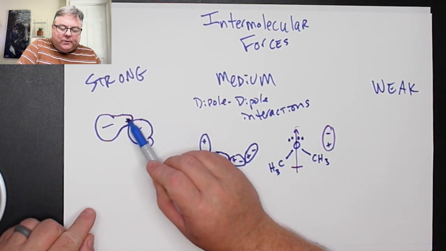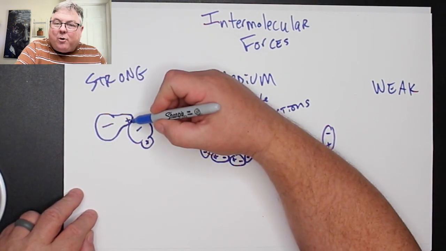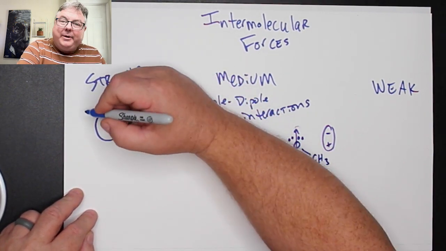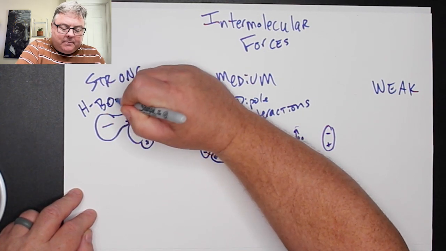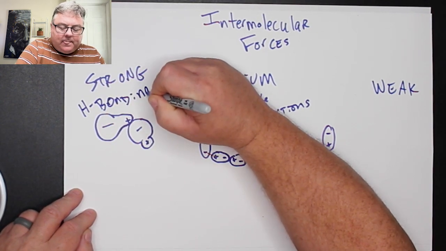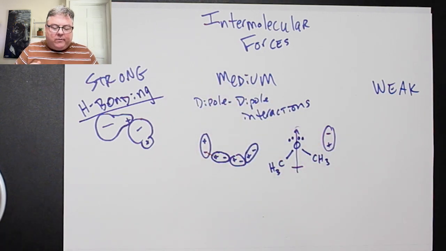And this special small positive and very negative spot, the very small piece, the positive piece, ends up being a hydrogen atom. So we call this hydrogen bonding because of that. That's the strongest kind of stickiness or intermolecular force.